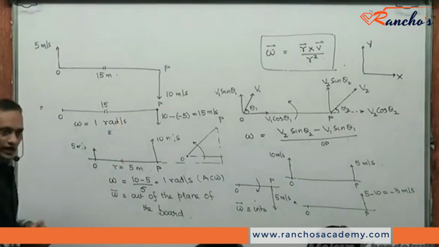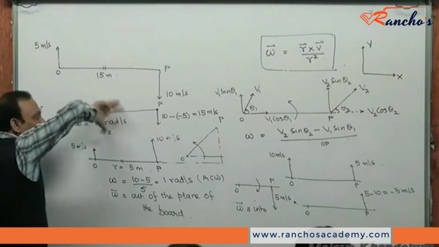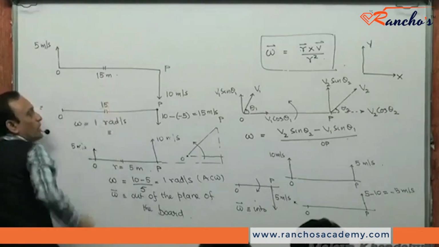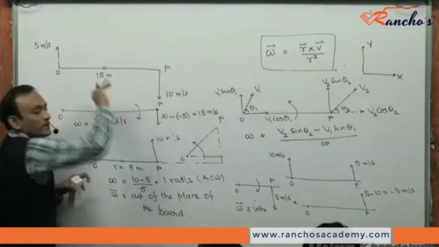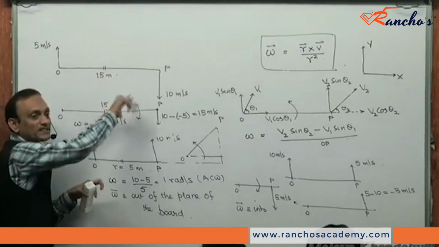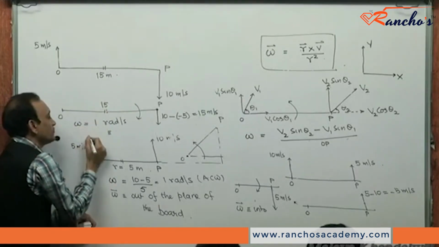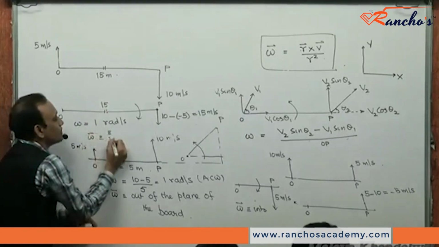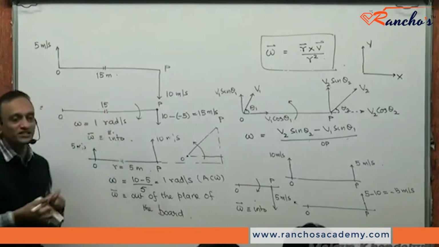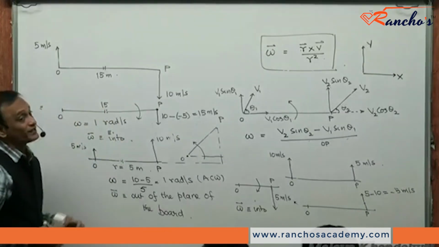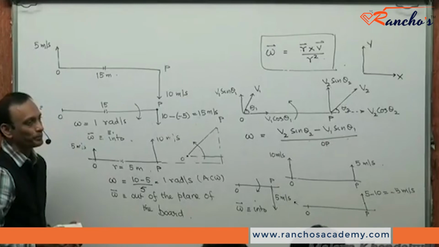And realize OP this time is getting reoriented clockwise. If OP is getting reoriented clockwise, omega is clockwise, and the thumb goes into the plane of the board. So in this case, the direction of the omega vector is into the plane of the board. Yes or no? Right?